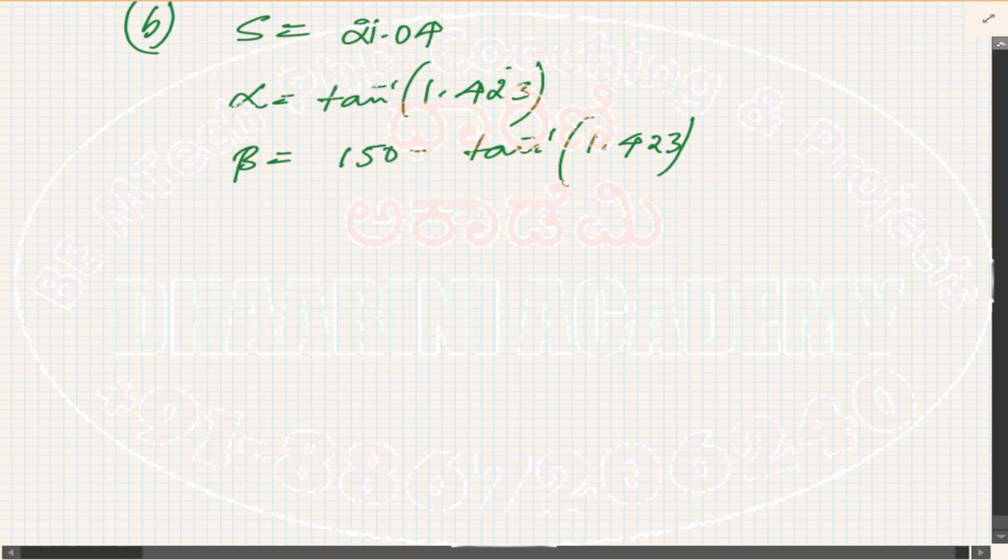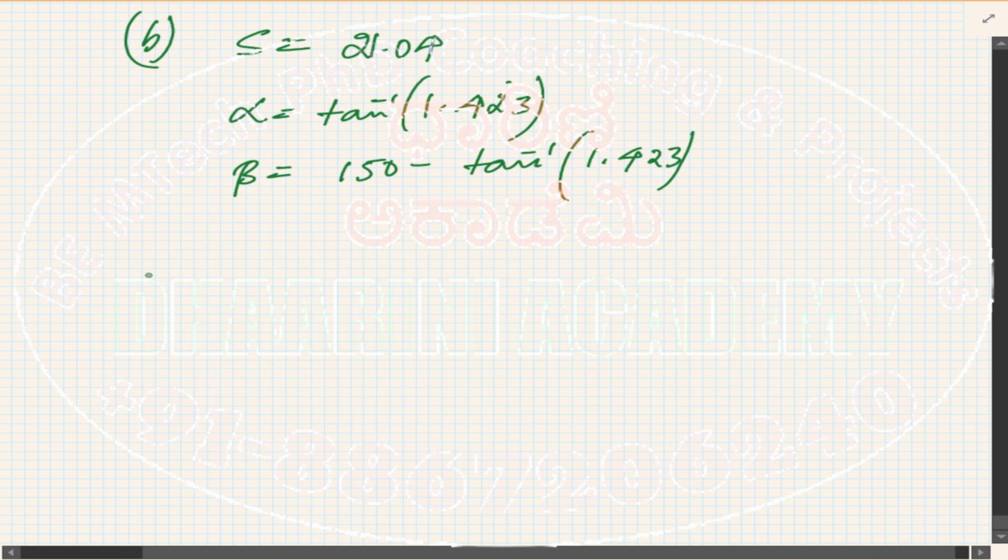Okay, now we have to find B minus A. So that is part C, right? B minus A, what will change? So S calculates the same way, only the alpha and beta will change, right?